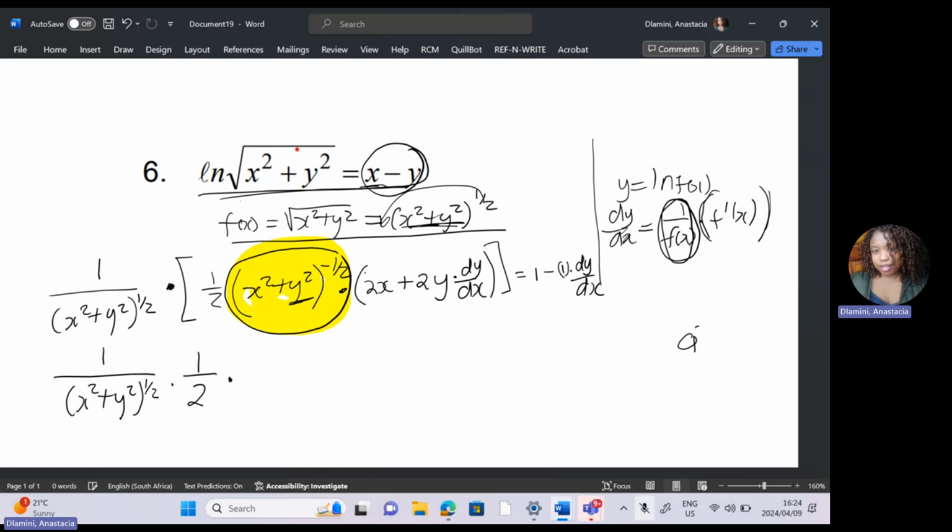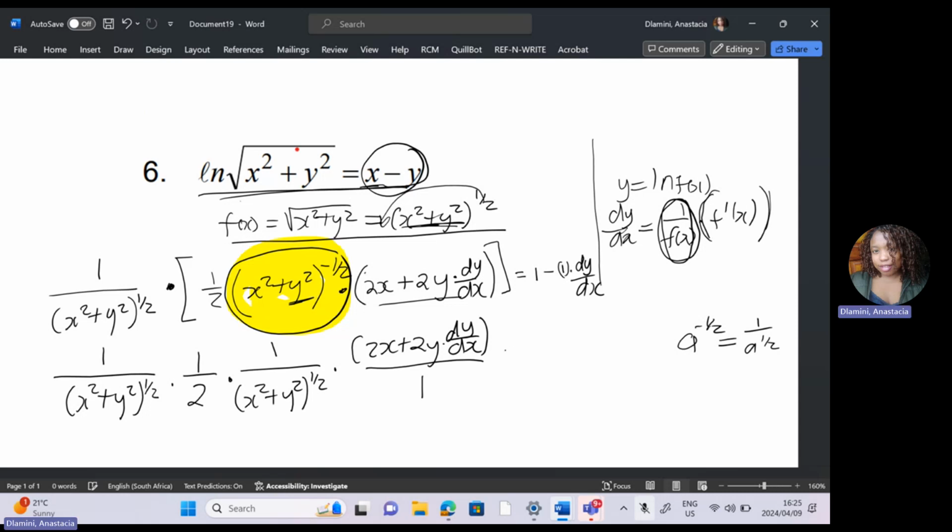Remember, if you have a to the power of 1 over 2, this is the same as 1 over a to the power of 1 over 2. So we can write it like that: times 1 over x squared plus y squared to the power of a half times this expression, which is 2x plus 2y times dy over dx. We can also make the right side a fraction by dividing by 1, so this is equal to 1 minus dy over dx.